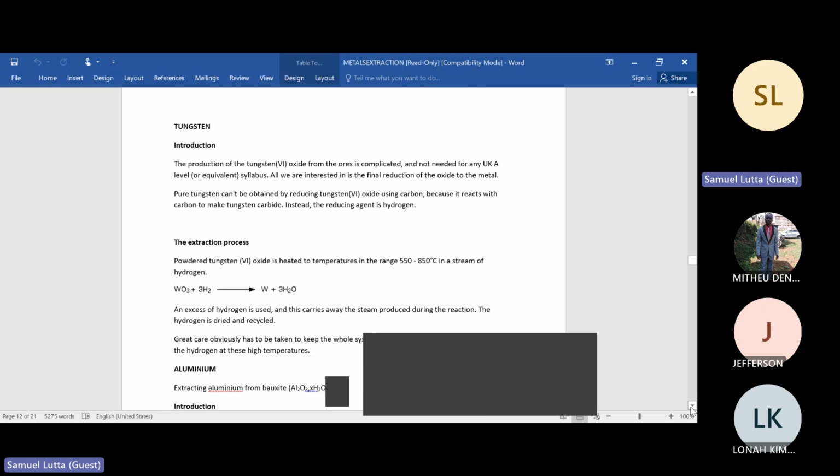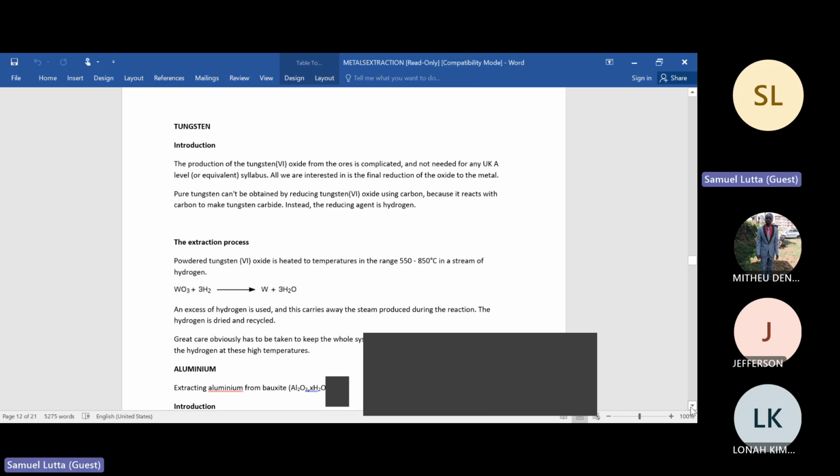We can also talk about another metal. It is called tungsten, and this one is also a very useful material. The symbol is W. It normally exists as tungsten 6, WO3.